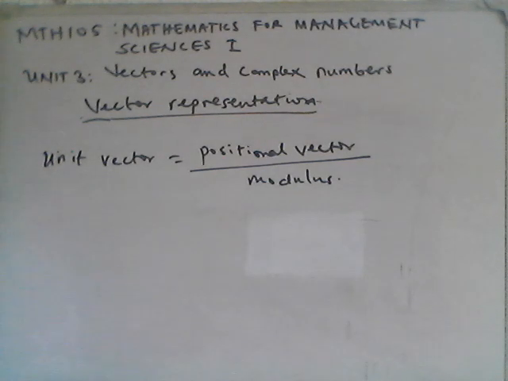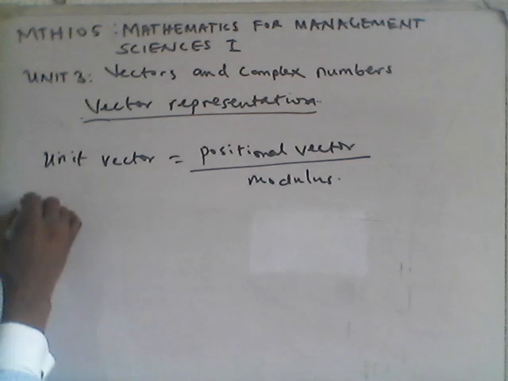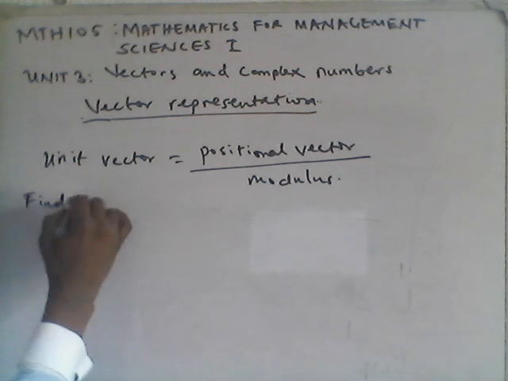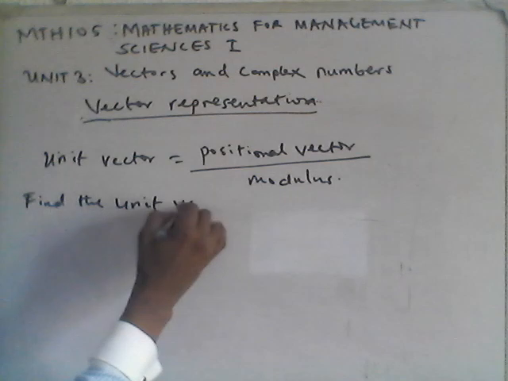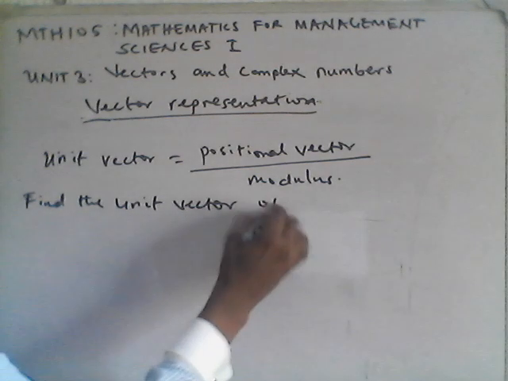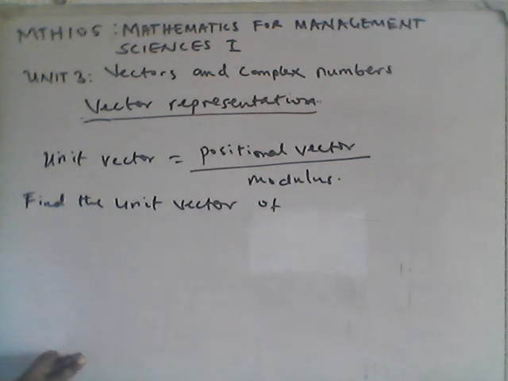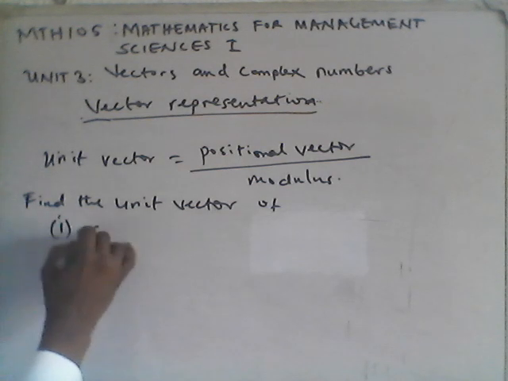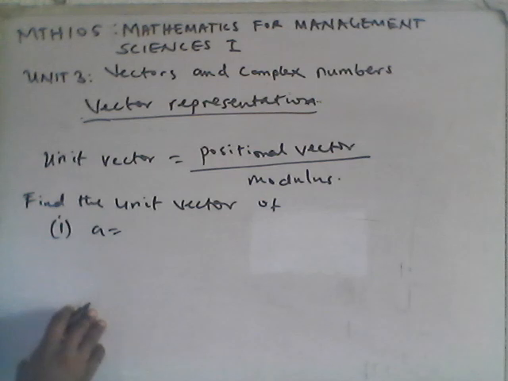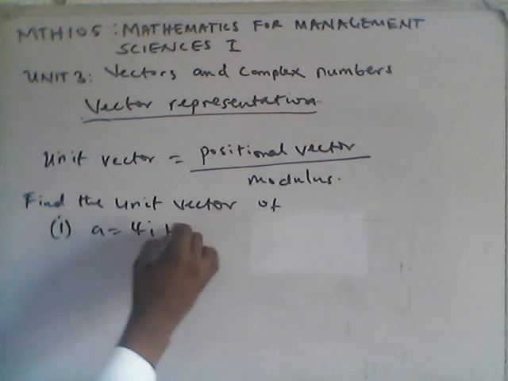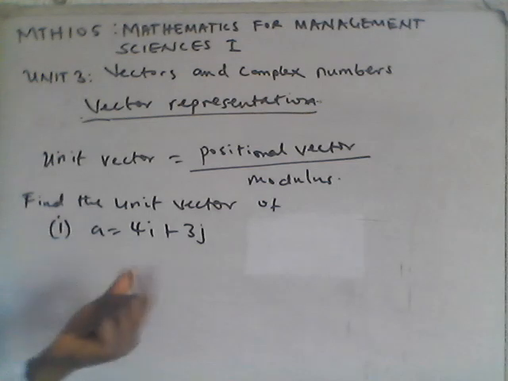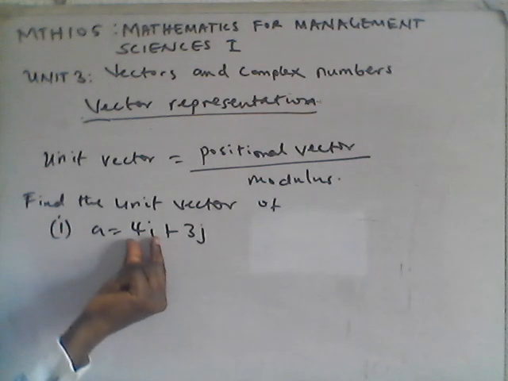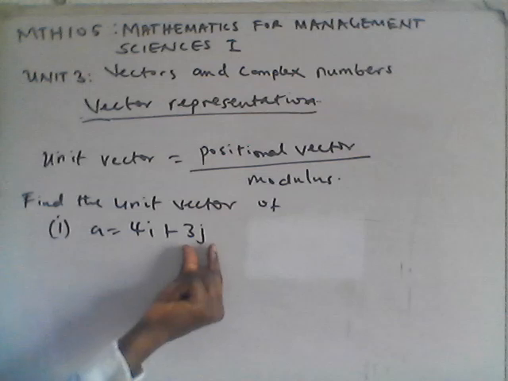Okay, so for instance, if I say find the unit vector of A, I'll just do one example quickly. Number one, A is equal to 4i plus 3j. Now note again, this component is the x component and this one is the y component.